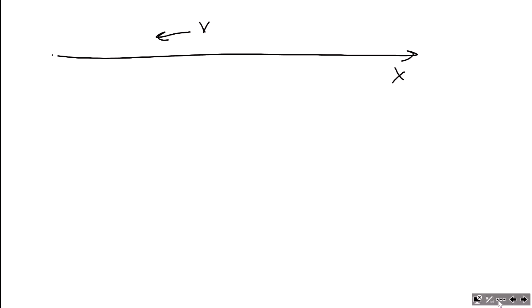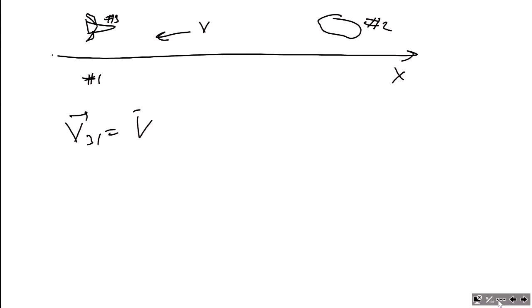Well, let's call him the plane is object number 3, the ground is object number 1, the cloud is object number 2. The equation which relates velocity is always the same. This is 3, 2, and this is 2, 1.